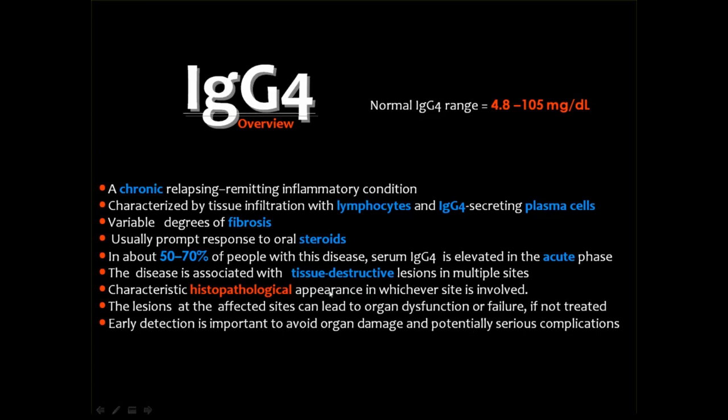Then the characteristic histopathologic appearance is one of the major diagnostic criteria. These lesions should be diagnosed accurately and treated thoroughly, because they may lead to organ dysfunction or even organ failure if not treated.